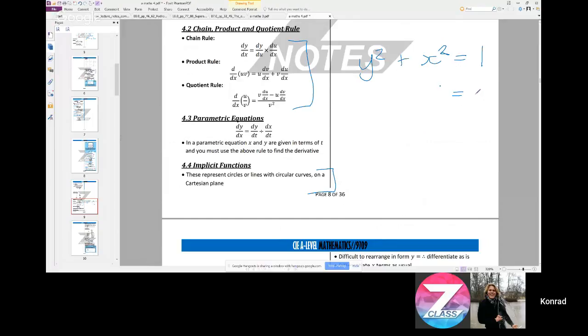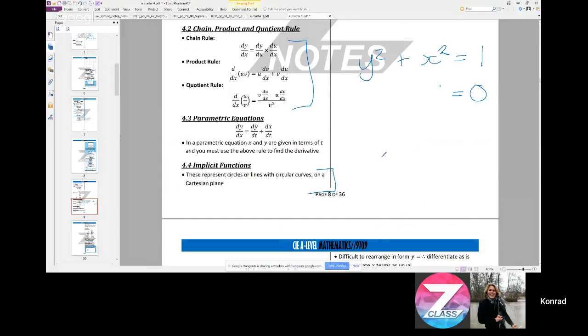What do we get when we differentiate just a number that doesn't have any x in it? 0. Okay, so if you differentiate a constant number on its own, you get 0.